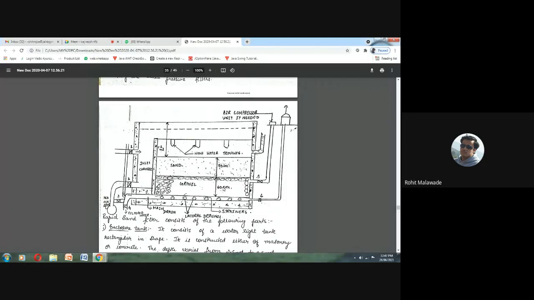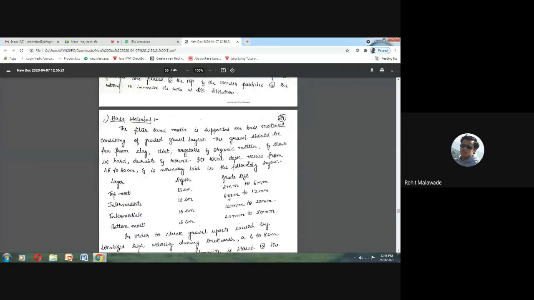Okay, and here again we can have the gravel difference also. We are going to utilize gravel of around 45 to 60 centimeter depth, and here again we are going to divide it according to its size.